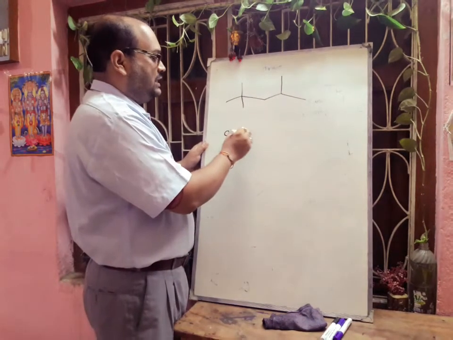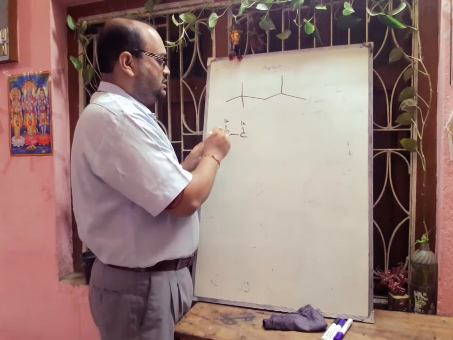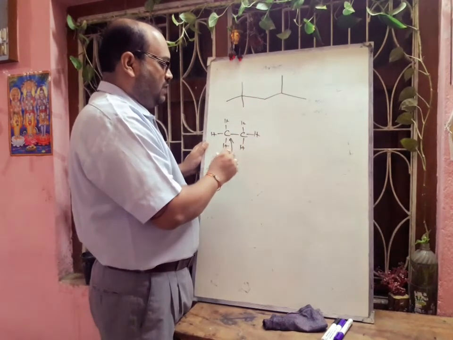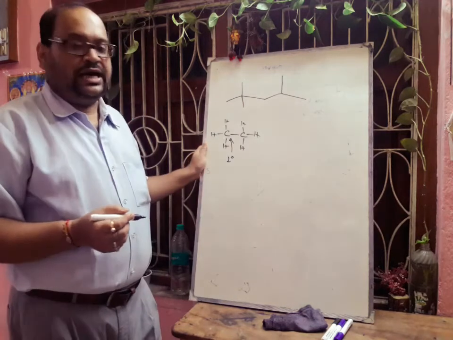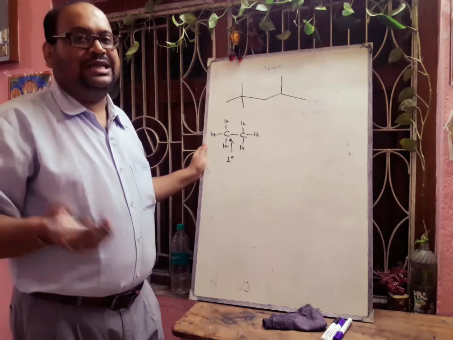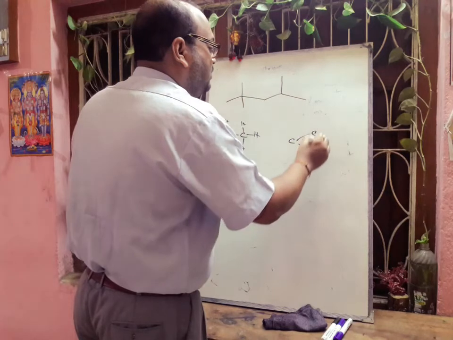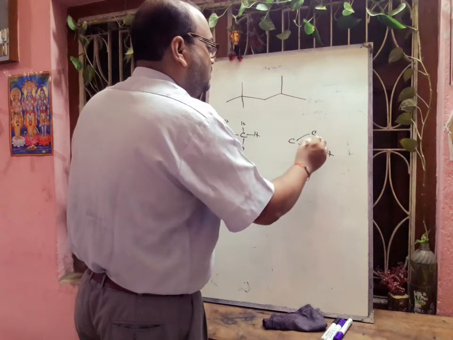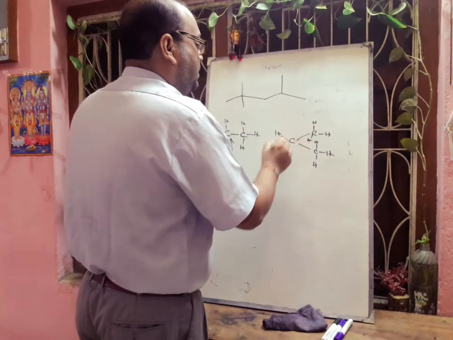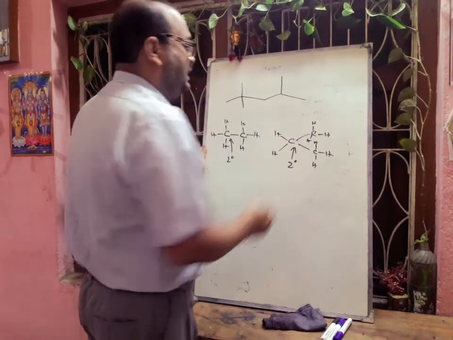Suppose this carbon is attached to only one carbon, and the others are hydrogens. In this case both carbon atoms are called primary, or 1 degree. If a carbon atom is attached to two other carbon atoms, then it is called a 2 degree or secondary carbon atom.